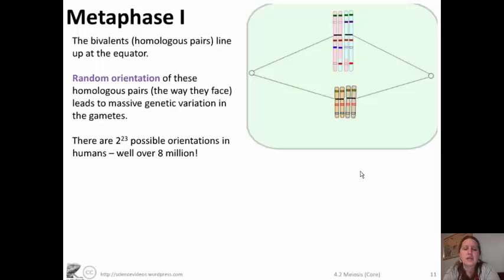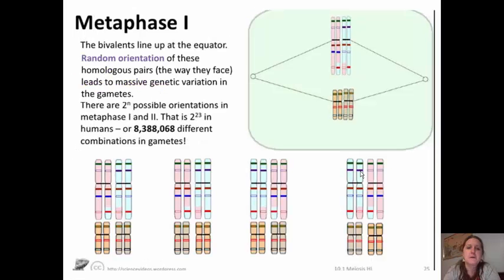It's well over 8 million combinations. So you can see here are just some of the combinations of how they could have lined up in this particular metaphase 1. We have 4 different ways. That's going to lead to a lot of variation in the outcome of the gametes.